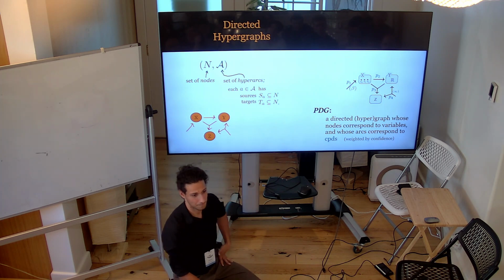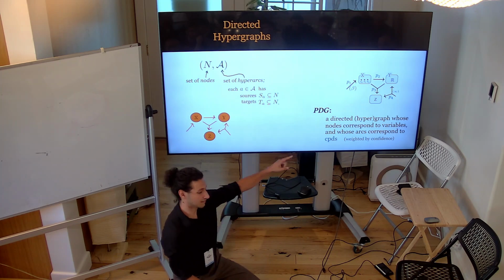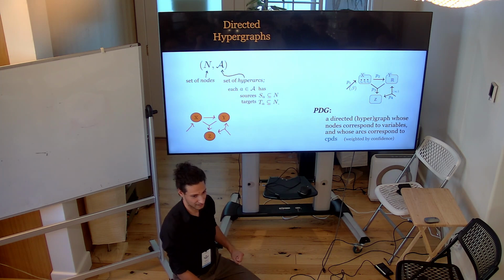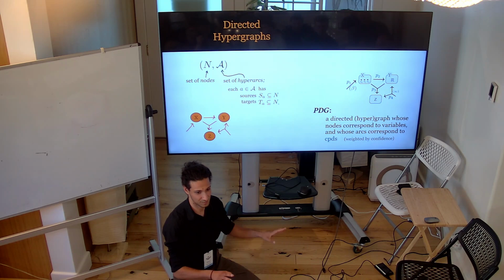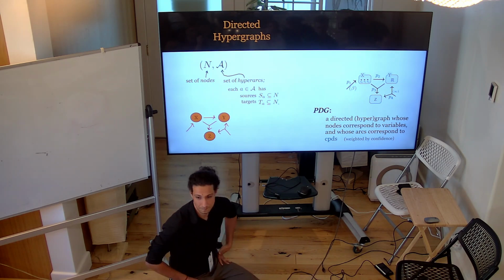But are they weighted in addition to the conditional probabilities? Yes, these are in addition. But as I said, you can do just as well without it. It's just nicer to have this in the framework because it makes PDGs a vector space. When you say you can do just as well without it, I mean that you can represent the same PDGs.